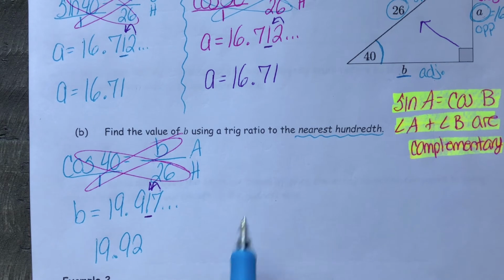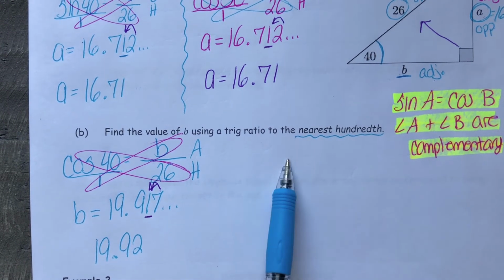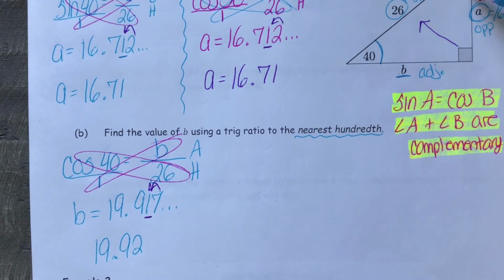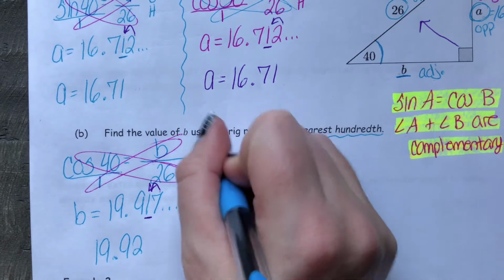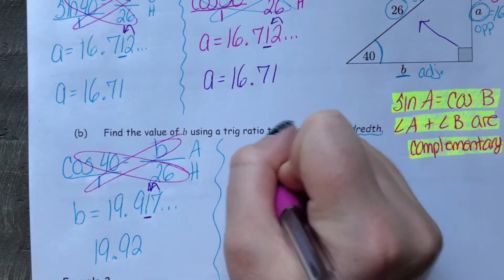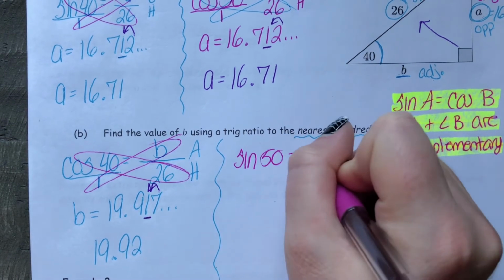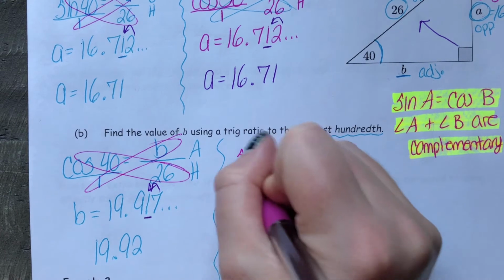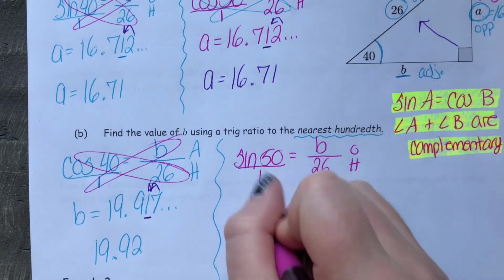All right, and on the side, if you want to, again, try finding sine of 50, because that's the trig function you would have used if you had 50 as a reference angle. I'm just going to add that to our notes quickly. If you're using 50 as a reference angle, you would have had to have used sine, all right? And you would have had B over 26, cross multiply, you should have got the same thing.